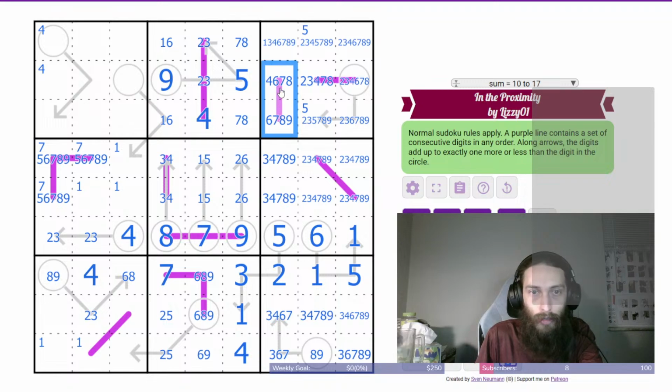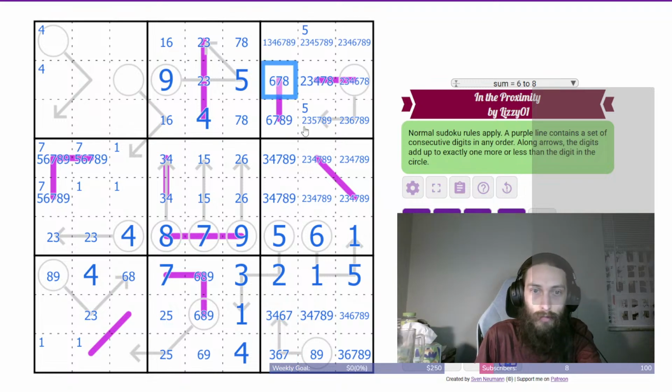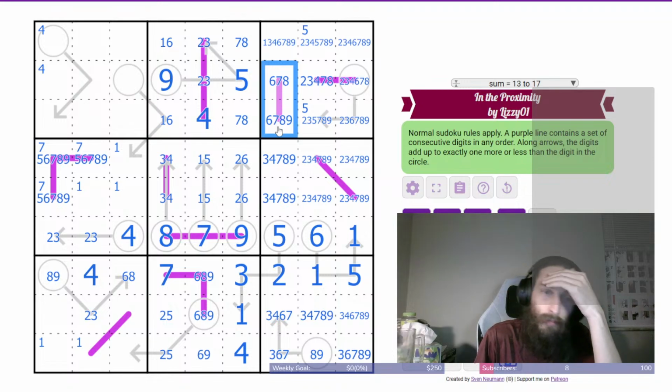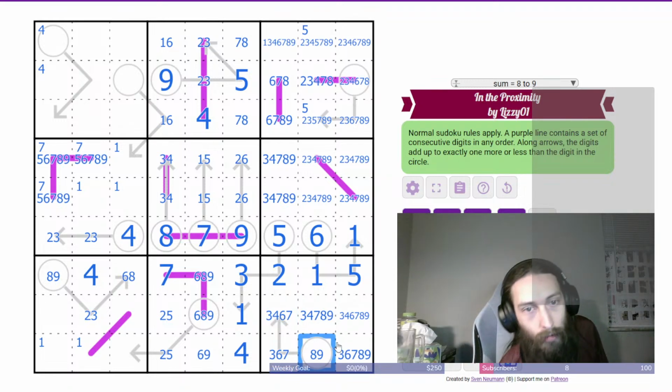Because if it was a 3, it would pair with a 4, which would make this a 6 7 pair, which is 13. Too much. Well, and 4 doesn't have anything to pair with now. Could this be 6 7? 3 and 4 is 7, which allows for 8. Okay.